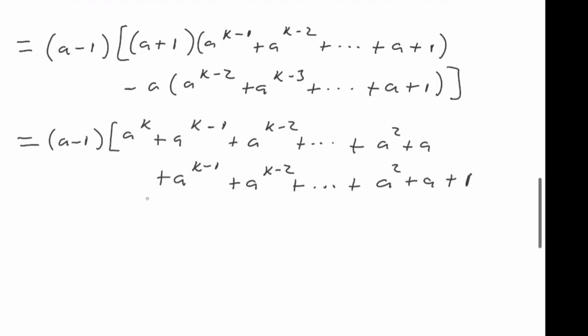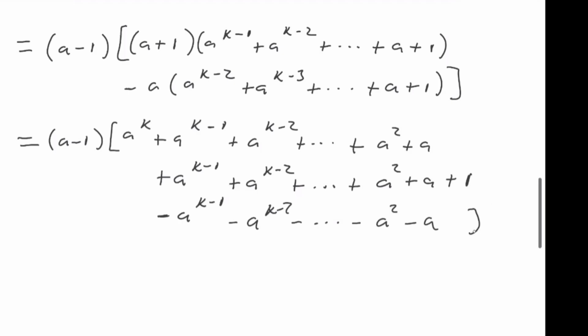And then that's those two, and then minus a times a sub k minus 2, a sub k minus 1, minus a sub k minus 2, minus dot dot dot, minus a squared minus a.